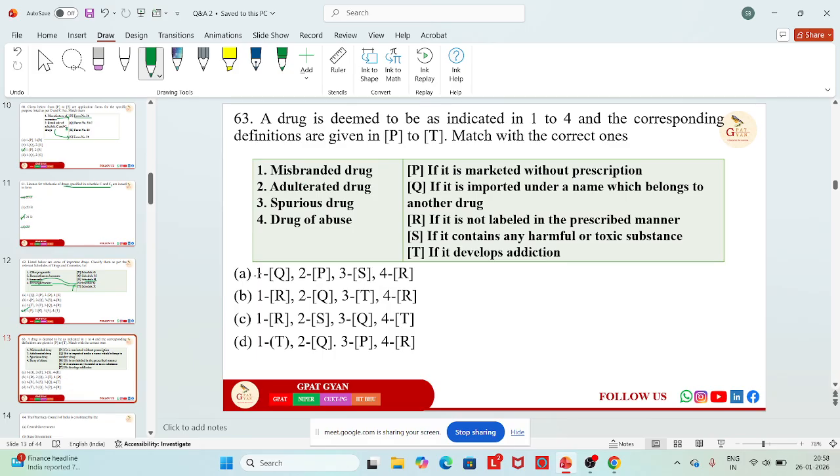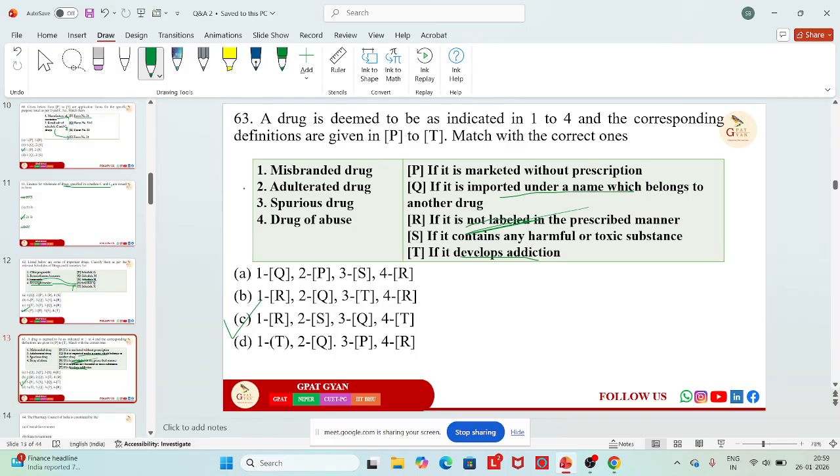Yes, C is the correct answer. Misbranded drug, if it is not labeled, labeling comes for misbranding. Adulterated drug is if it contains any harmful or toxic substance. And spurious drug is for imported under a name which belongs to another drug. And abuse develops addiction.